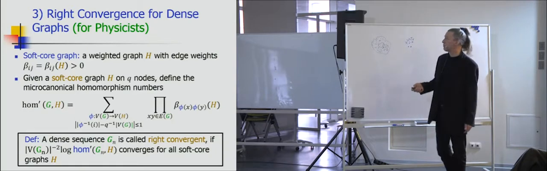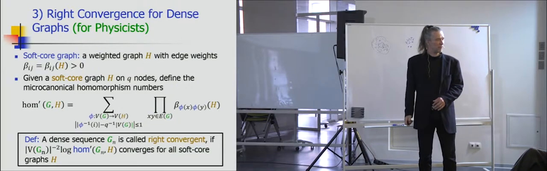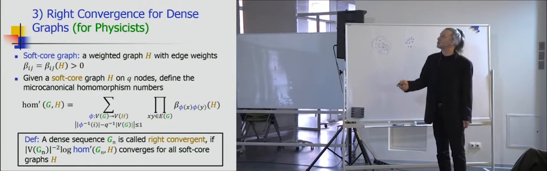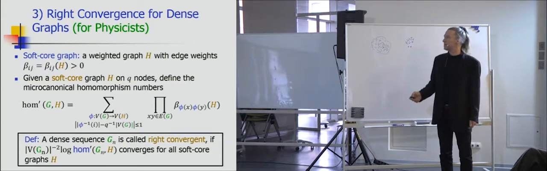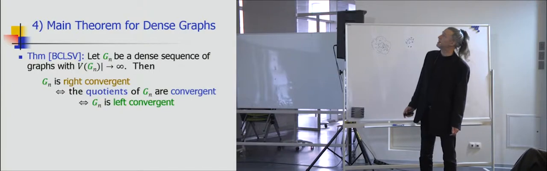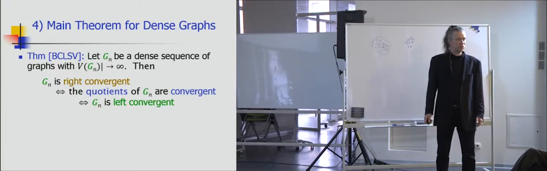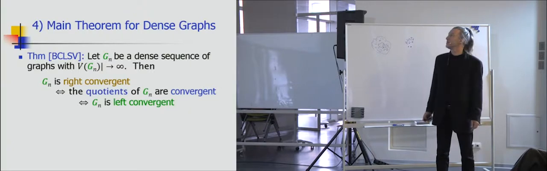And if that converges for all possible soft-core graphs, whether it's on 1, 2, 3, 4, 5, all finite vertices, finite non-zero weights, then it's called right convergent. And the main theorem for dense graphs is that all these notions, which a priori look very different, are actually equivalent.